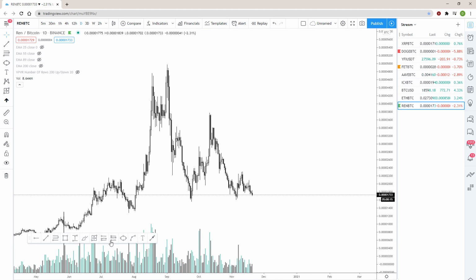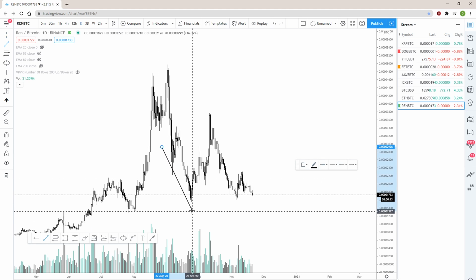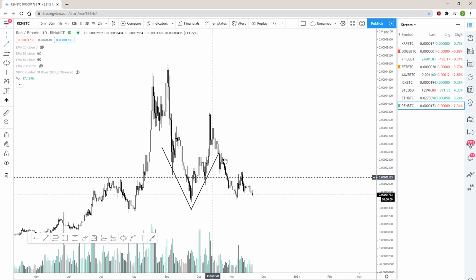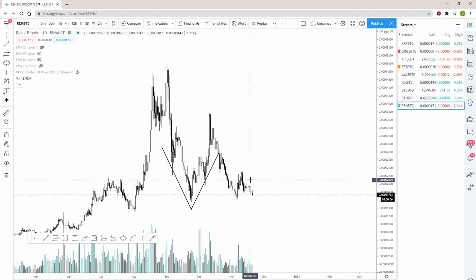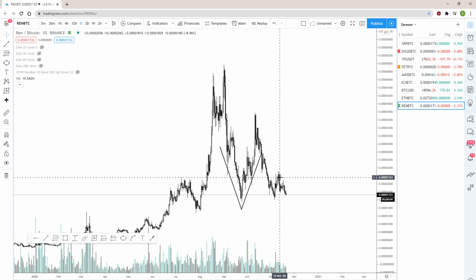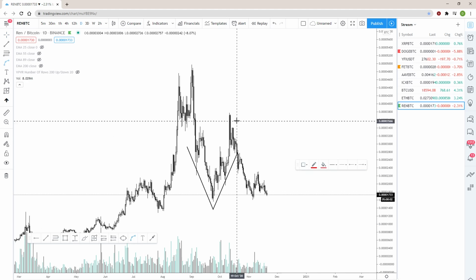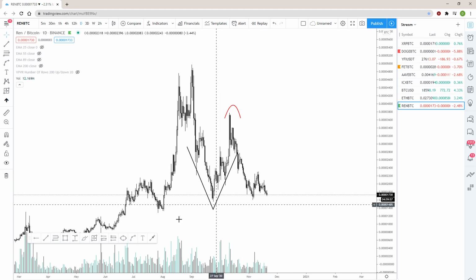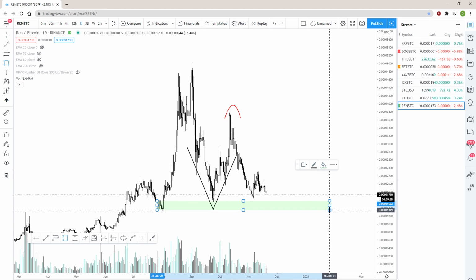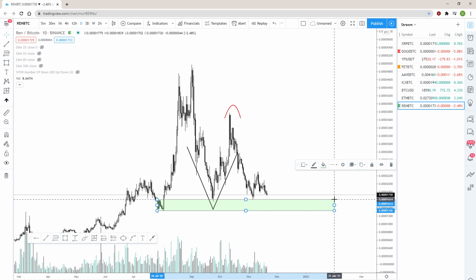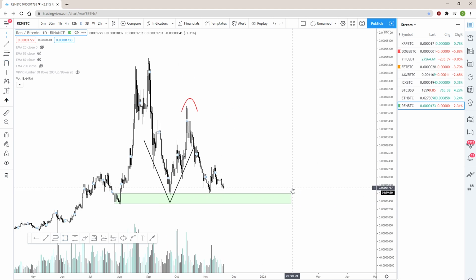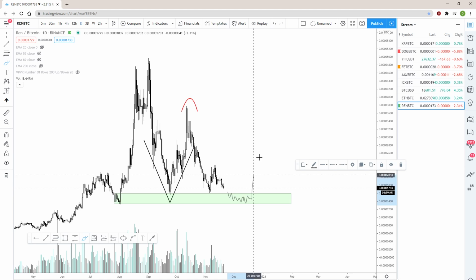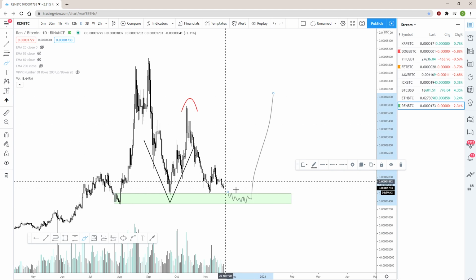See, for REN, this was a V-shaped reversal here, and then price came back down. But it's also important to note that price did make the lower high on a macro level. For something like REN, I would expect something like this. I think it'll be a slight accumulation right here.